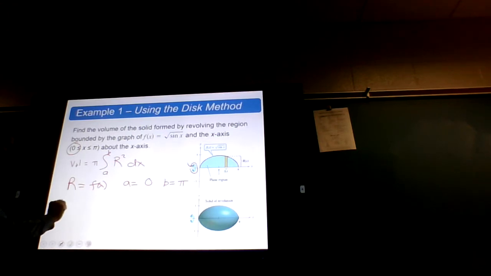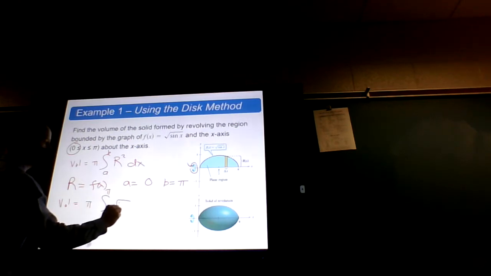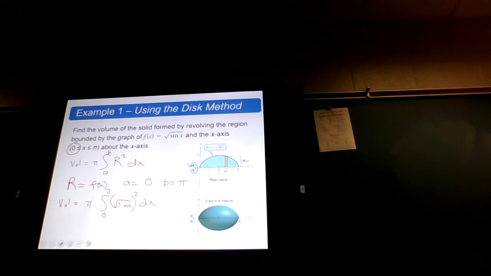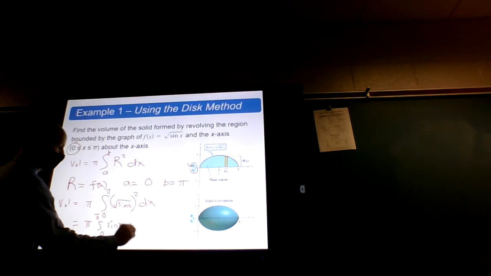So this volume can be found by pi times the integral from 0 to pi of the square root of sine x, squared, dx. When we square it, the square root cancels out. So we get pi integral from 0 to pi of sine x dx.